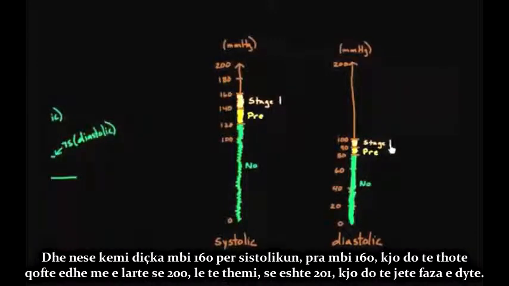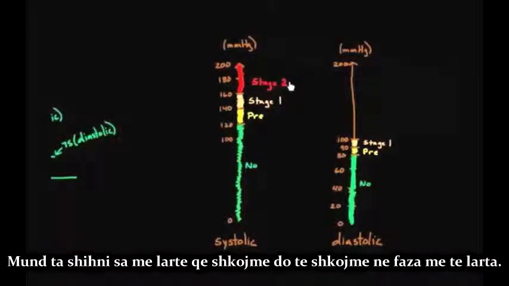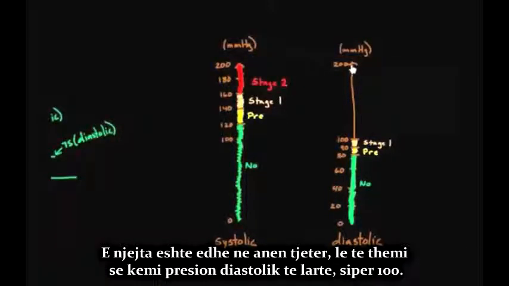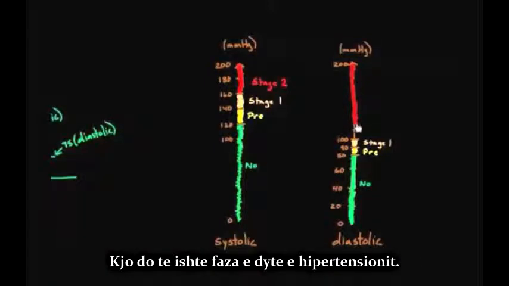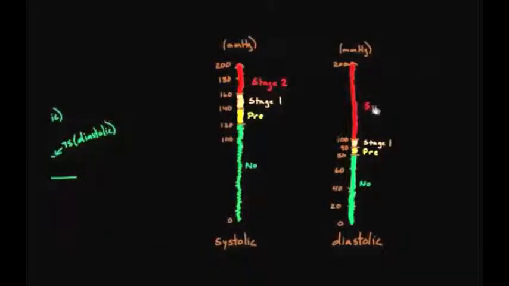And now if you have something above 160 for your systolic blood pressure, so I'll just say above 160, and that means even higher than 200. So if, let's say you have 201, that would be stage 2. So you can see that the higher you go, the higher your stage number. And the same is true on this side. So let's say you have a really high diastolic blood pressure, well above 100, you'd have stage 2 hypertension, all the way down there. So this is stage 2.